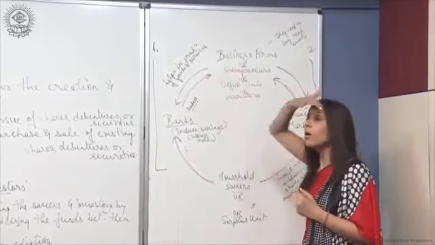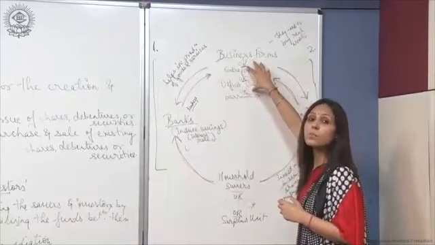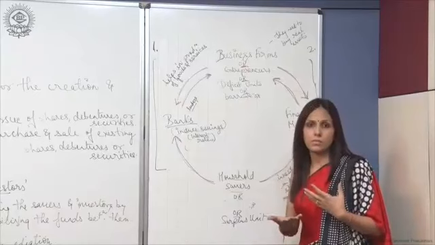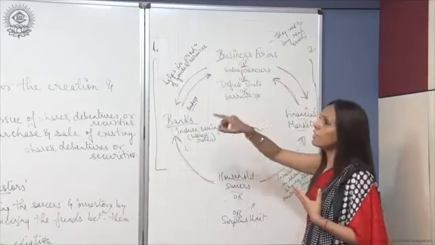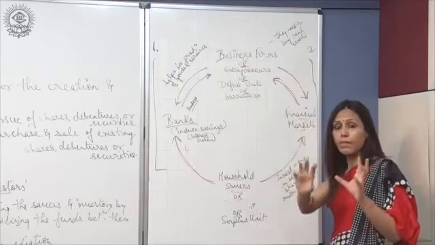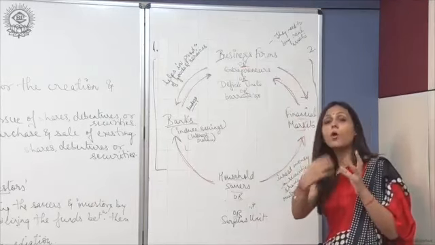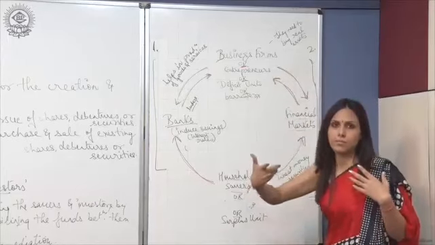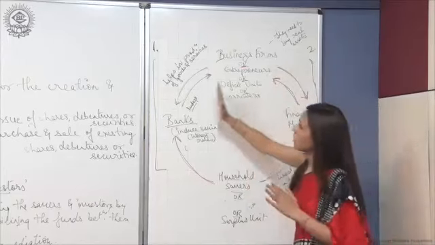How? Because these business firms require money to purchase real assets. Real assets are plant, machinery, land. At the same time, they invest that borrowed amount to increase their wealth. So this is one function.